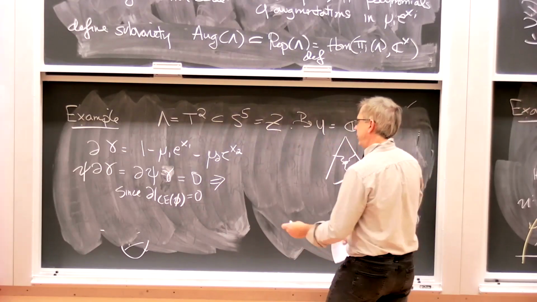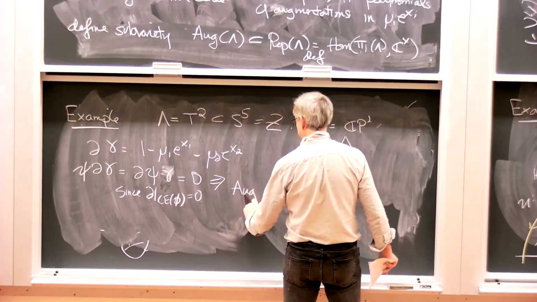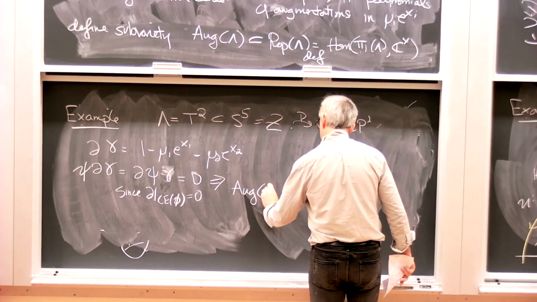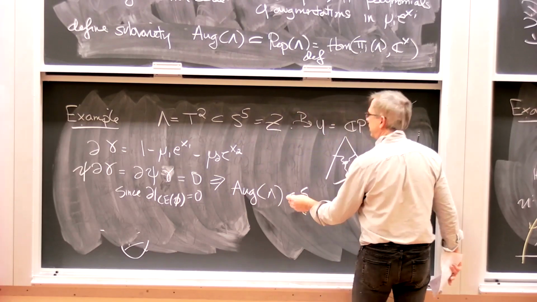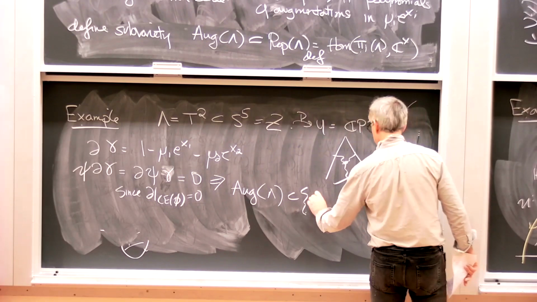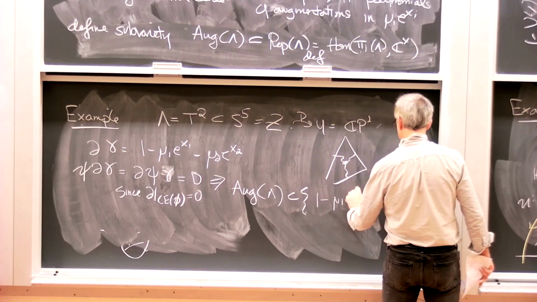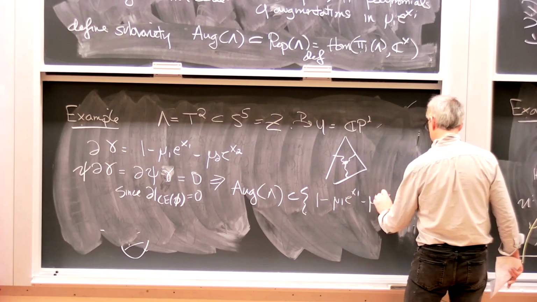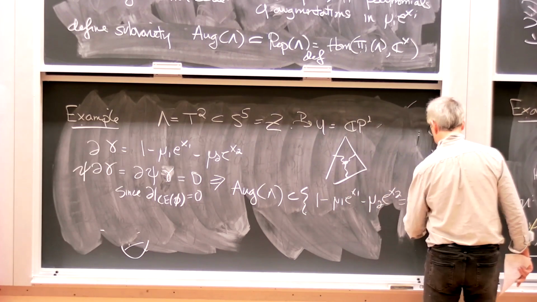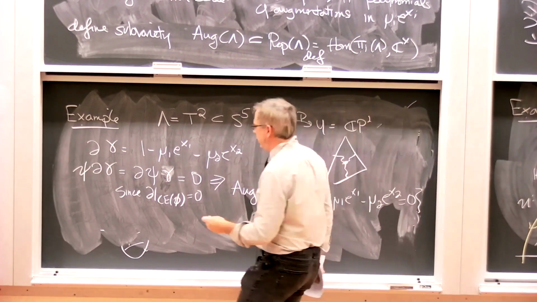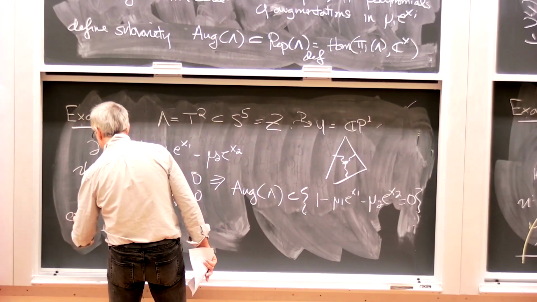So this tells you right away that the augmentation variety of lambda is contained in this locus. But now you have the existence of a filling.